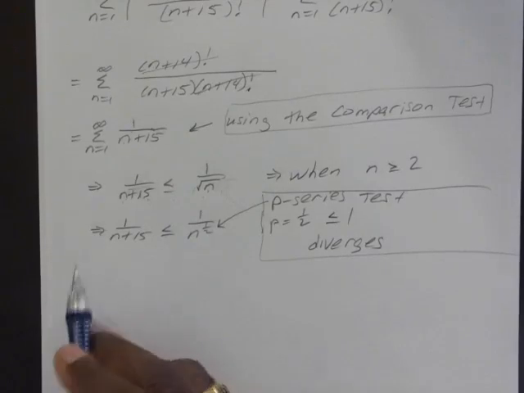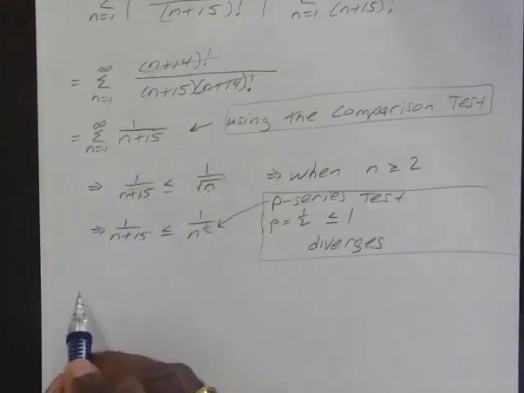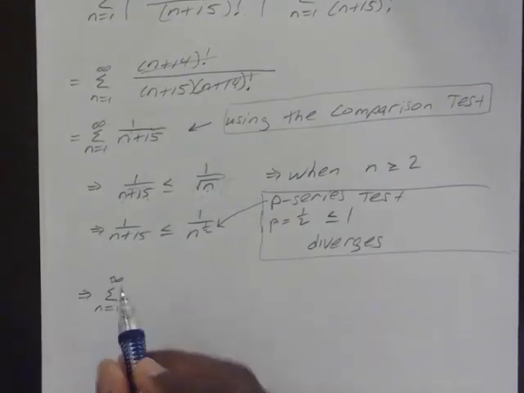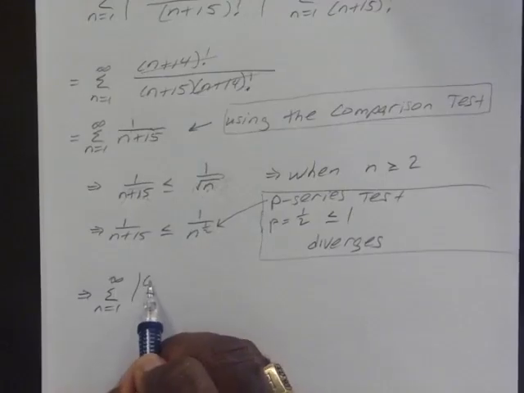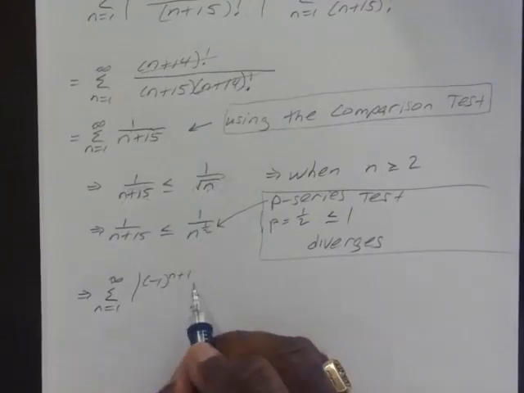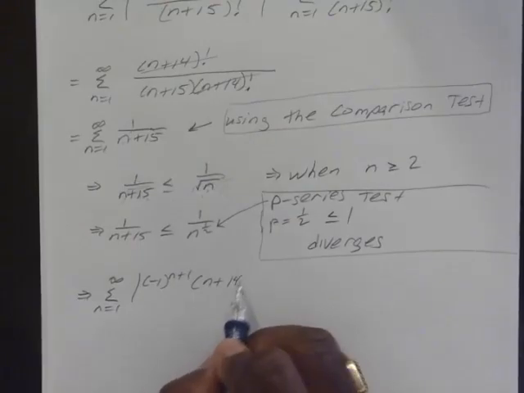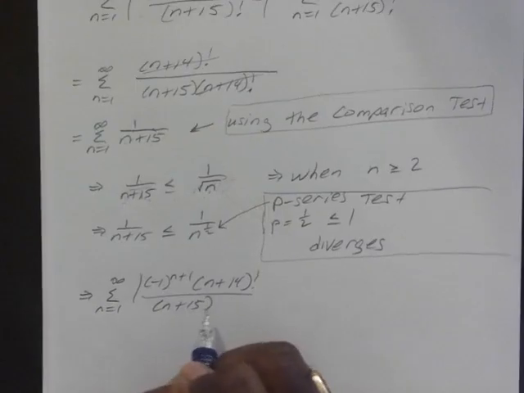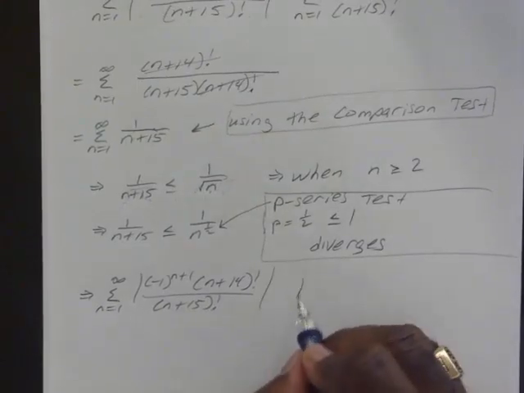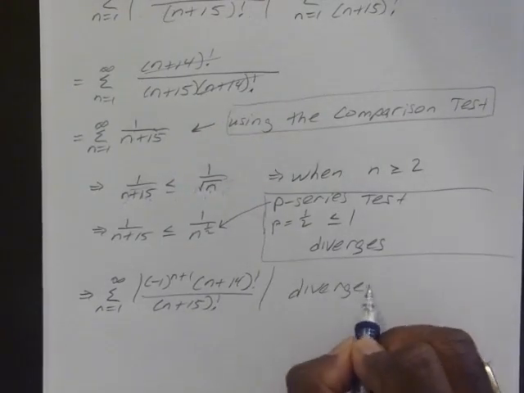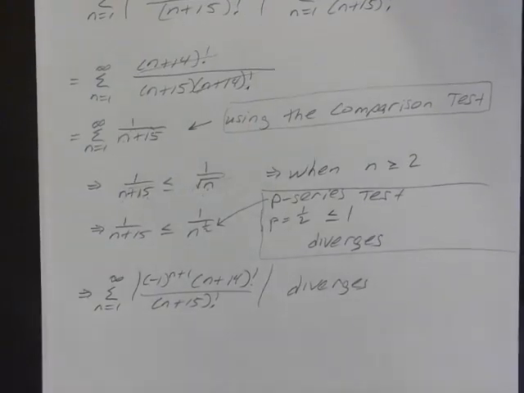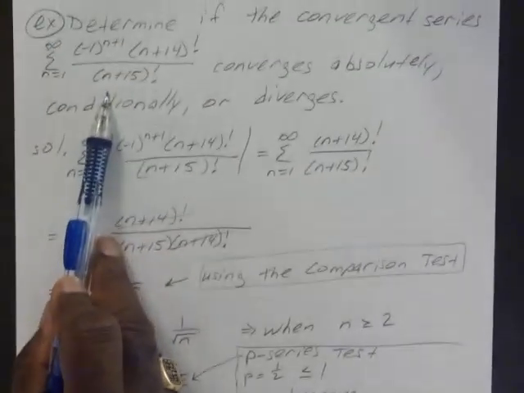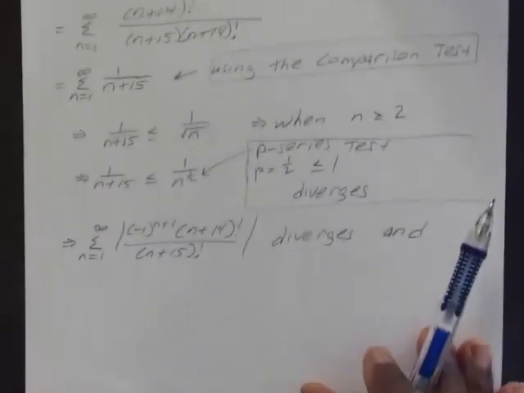Okay, so we can see here that the sum from n equals 1 to infinity of the absolute value of -1 to the power of n plus 1 times n plus 14 factorial divided by n plus 15 factorial diverges. And we know that the sum without the absolute value converges because that was given to us.